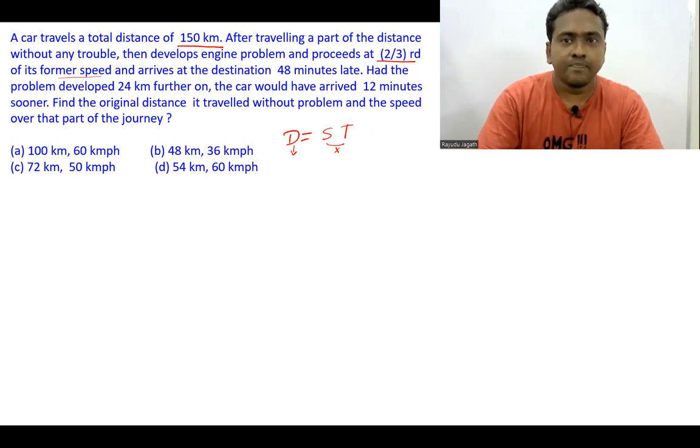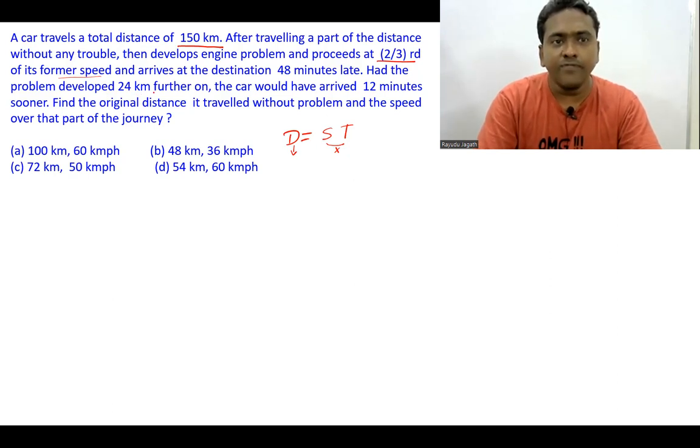So here speed is decreased to 2/3 of its former speed. Former speed is nothing but scheduled speed, actual speed. And speed is decreased from 3 parts to 2 parts over the distance, and therefore it arrives at the destination 48 minutes late.